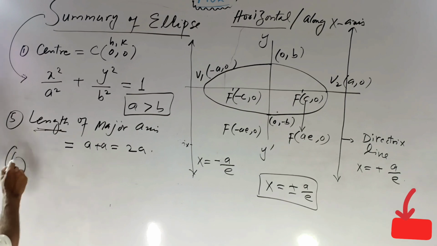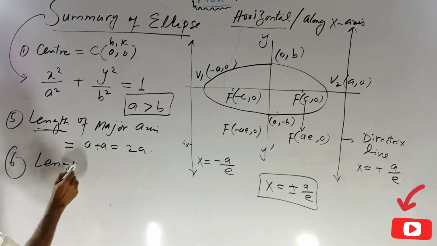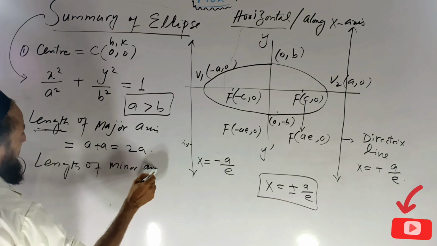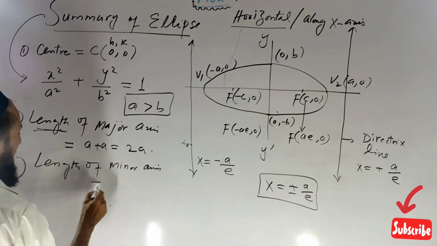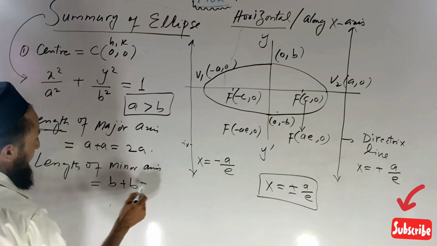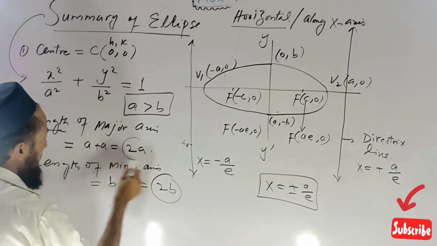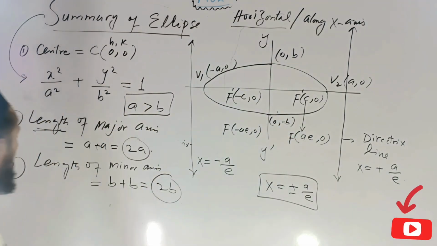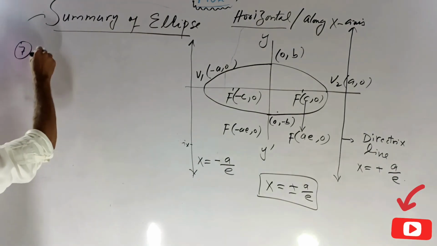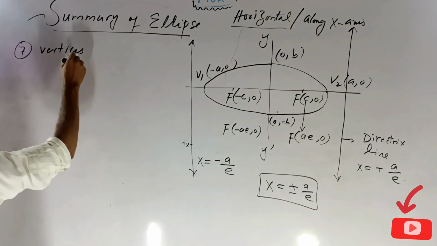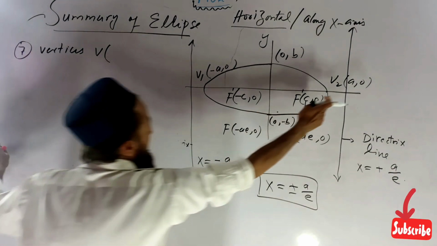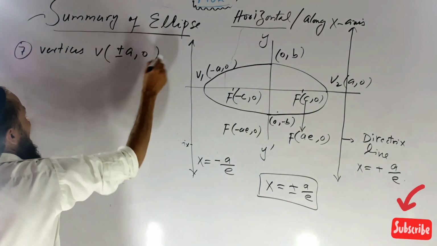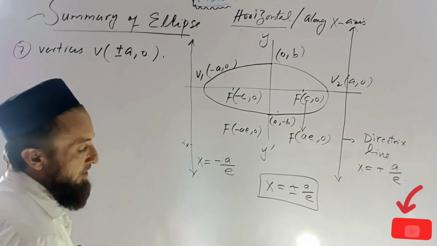And 6, the length of the minor axis: here B plus B is equal to 2B. This is the length of the minor axis. The vertices here are plus minus A and 0. These are the vertices.